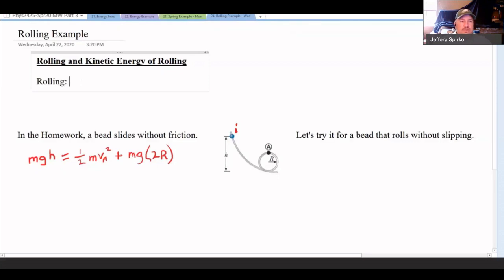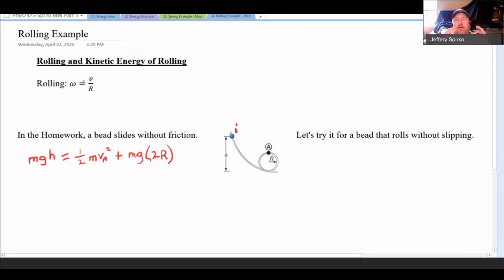Rolling involves rotation. Rotation is described by a variable called omega, which is the rotational speed, which is equal to v over r.